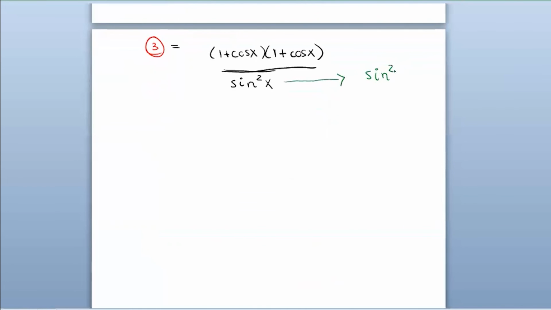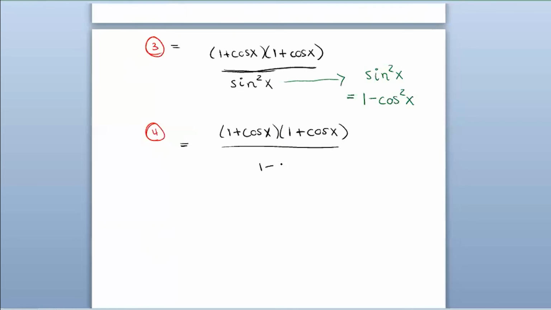I know that sine squared x is equal to 1 minus cosine squared x. So here's my step 4, where I utilize an identity. And now we're really, really close to being done.